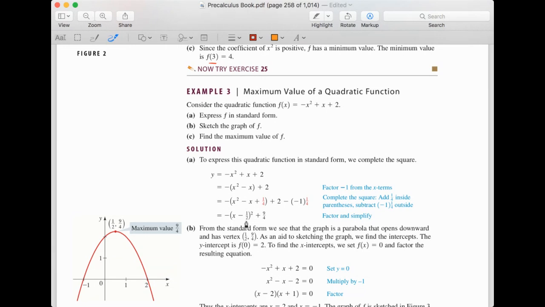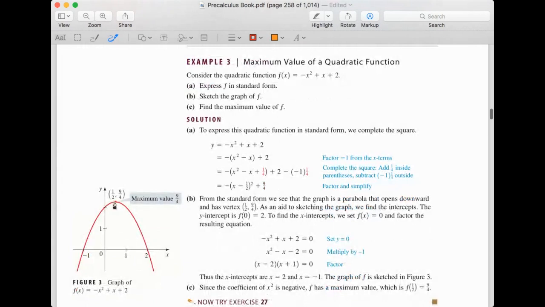So now (1/2, 9/4) becomes the vertex of this graph. And what's the y-intercept? The y-intercept is (0, 2). Right? (0, 2) is the y-intercept.